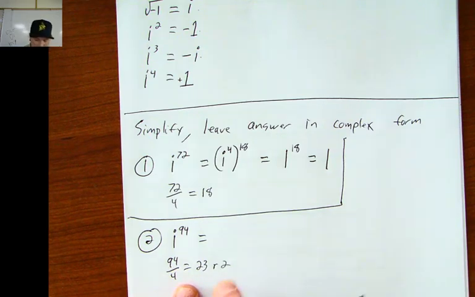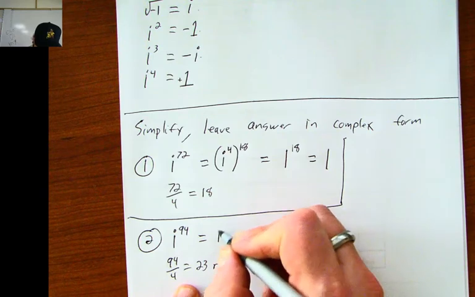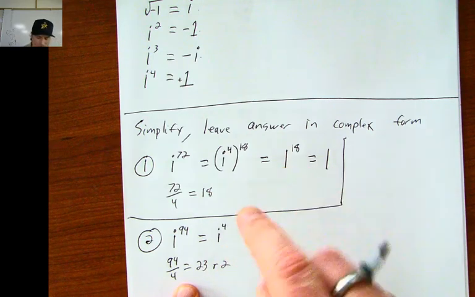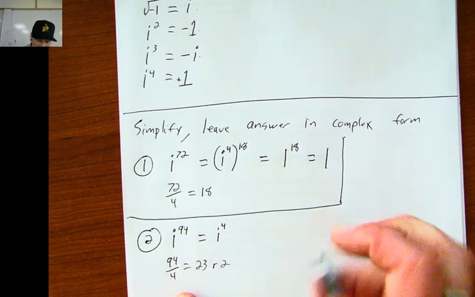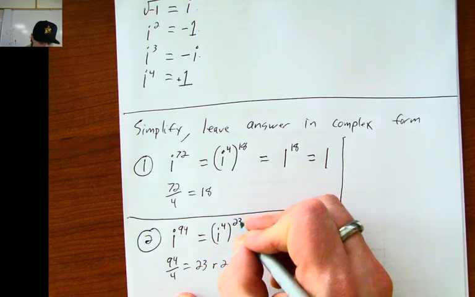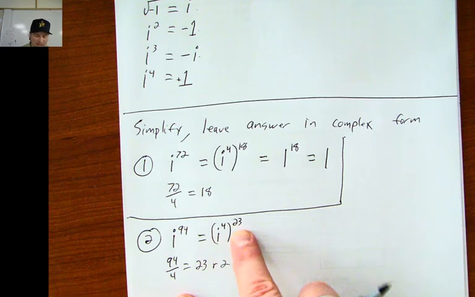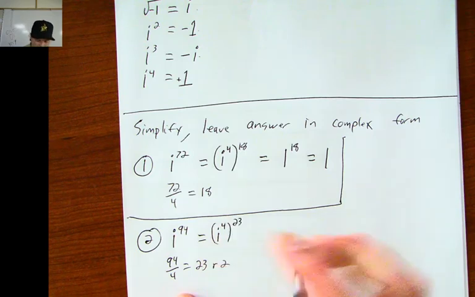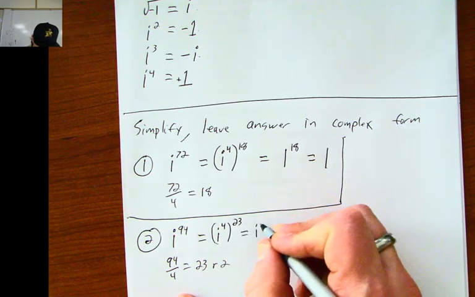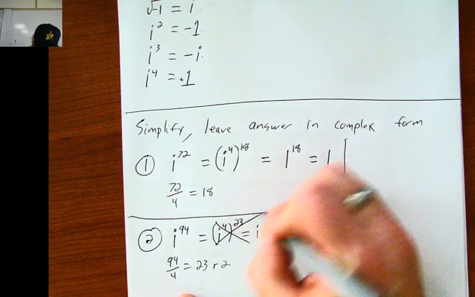And this is handy because I can use this to say that I know that 23 groups of i to the 4 is going to multiply out. 4 times 23 is 92, which leaves me a remainder of 2.